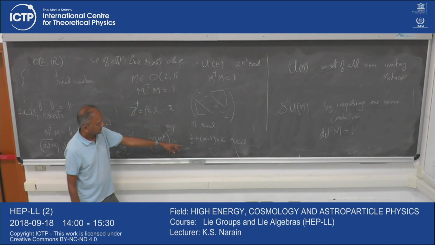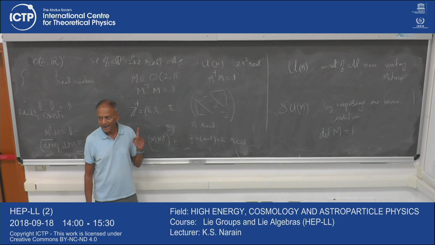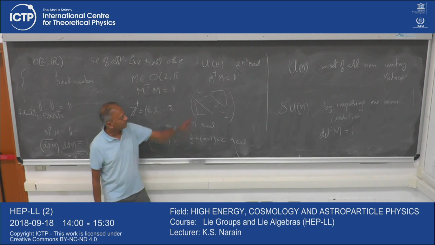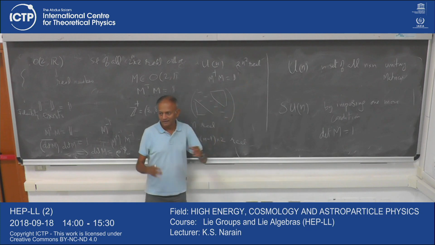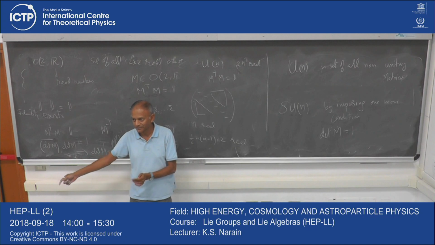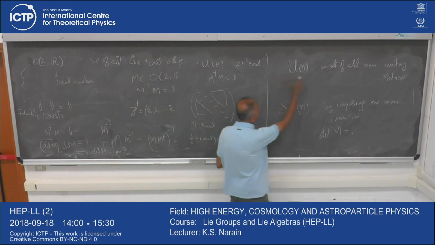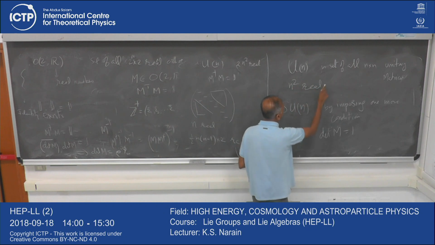So altogether, the 2 cancels, you have n square minus n plus n, so n square real equations on 2n square real parameters. So that will fix n square parameters, but still leave n square parameters. Therefore, this group will have n square real parameters.